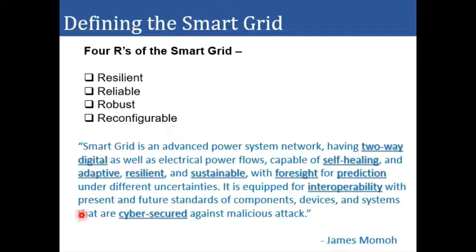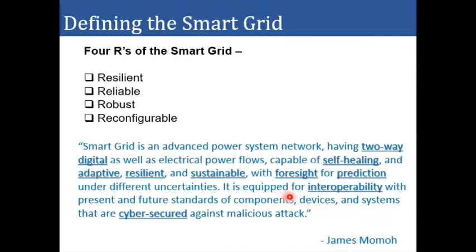Now let's see the various definitions which are given in the literature. So as per James Momoh, the definition is that a smart grid is an advanced power system network having two-way digital as well as electrical power flows, capable of self-healing and adaptive, resilient and sustainable, with foresight for prediction under different uncertainties.